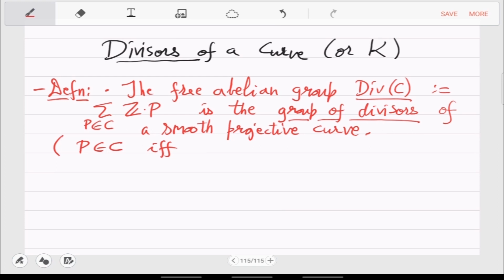By P in C we mean a DVR. But all points are closed. Oh, in a variety, yeah, all points are closed.